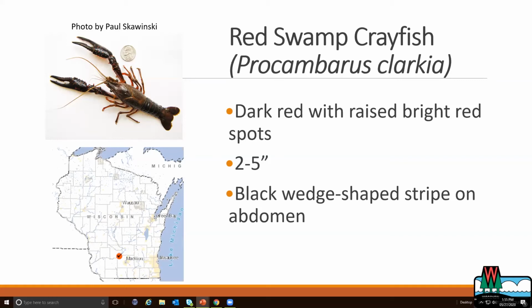What's distinguishing about it is that black wedge-shaped stripe on its abdomen, and it is commonly confused with the white river crayfish, which we'll look at the next slide. But moving on to that, I would take a good look at the claws of the red swamp crayfish on this slide, because that's going to be one of the distinguishing factors between the red swamp crayfish and the white river crayfish.